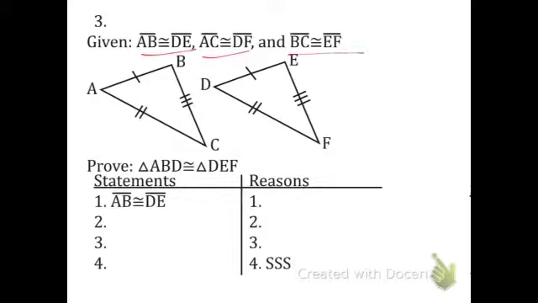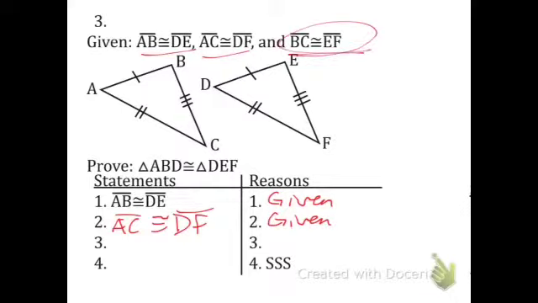Moving on to 3, we have 3 bits of information. And so we're going to list them out. This one's already done. That's a given. AC is congruent to DF because it says it right there. So that's also a given.